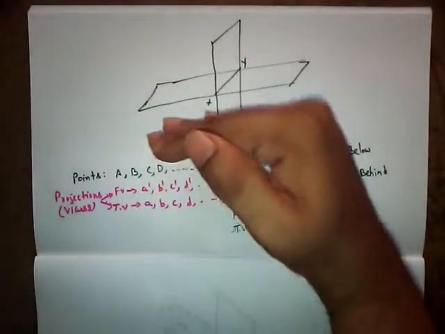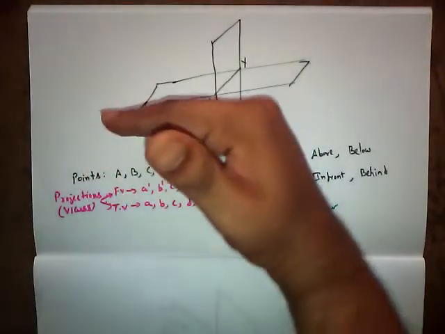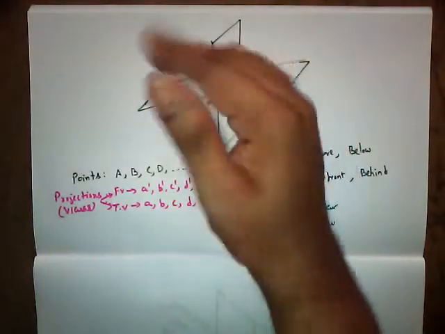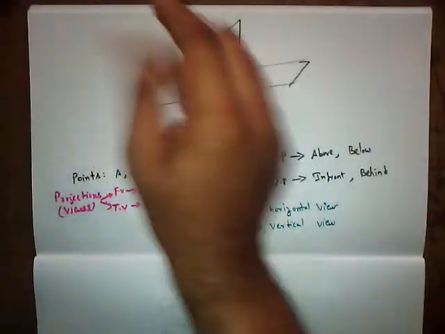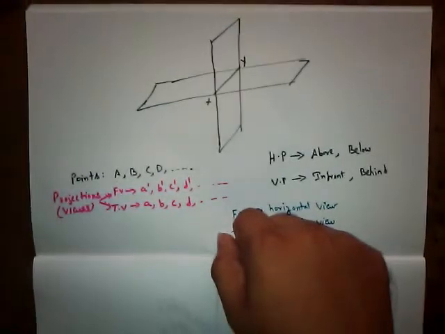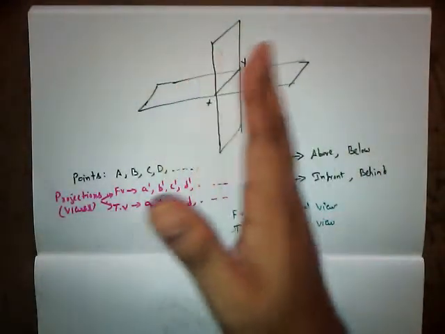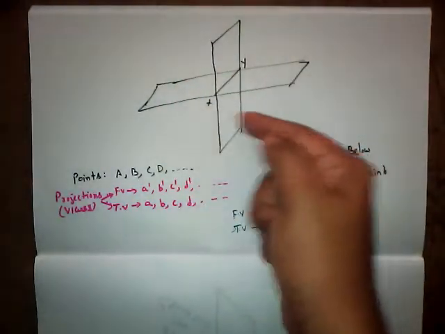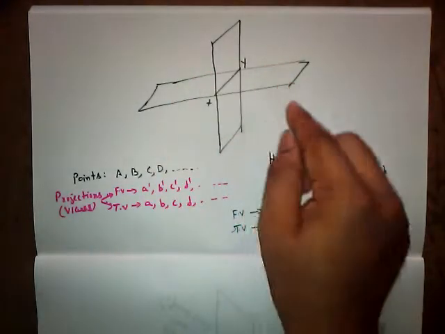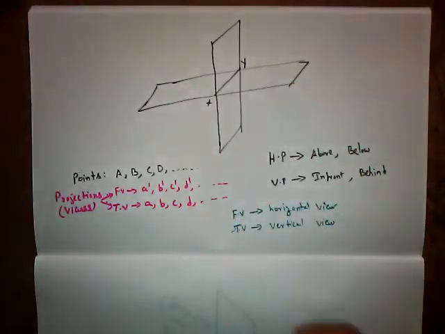If I say above HP and behind VP, then it is going to be the second quadrant. In the same manner, below HP and in front of VP is going to be the fourth quadrant.